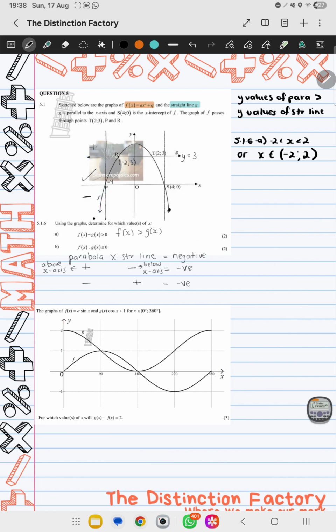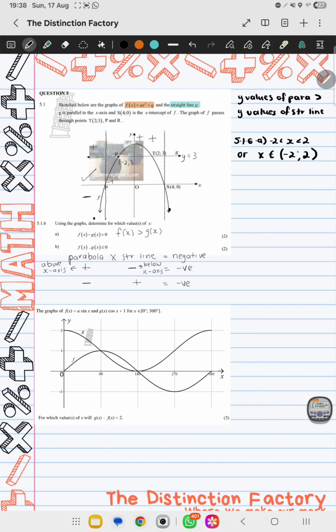Then if I go to the next section, I have my parabola over here and my straight line here. Now if I'm looking at my parabola, I have positive y values because it's above the x-axis. And my straight line graph, which is this guy here, is also above the x-axis, so that's also positive.